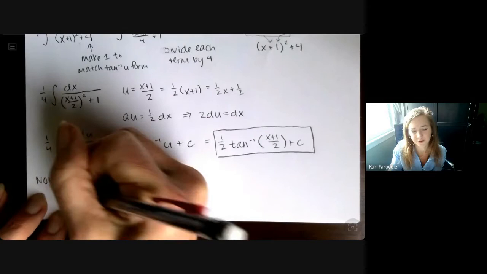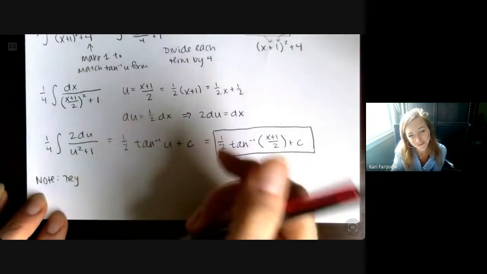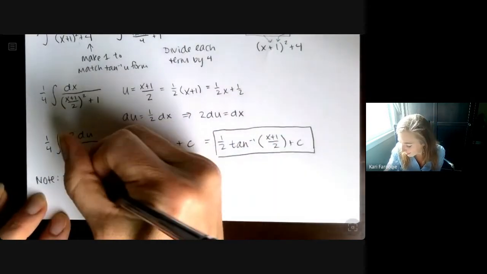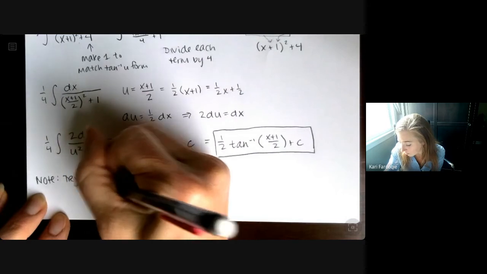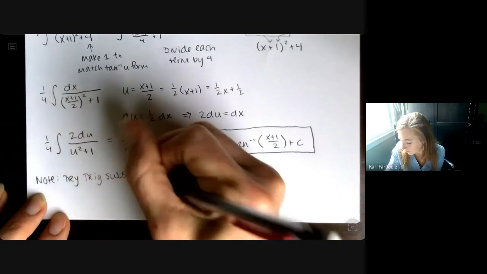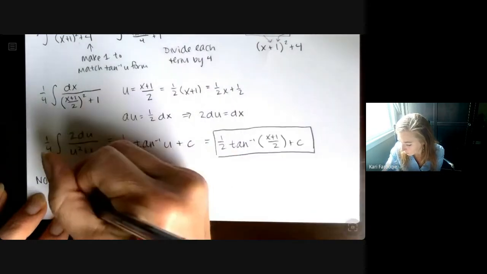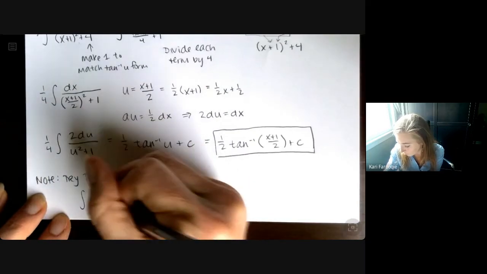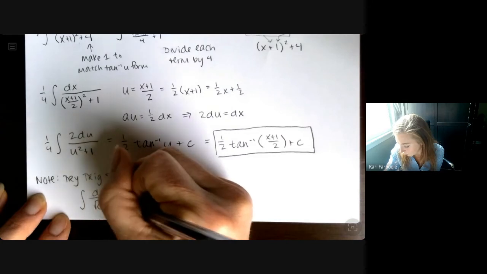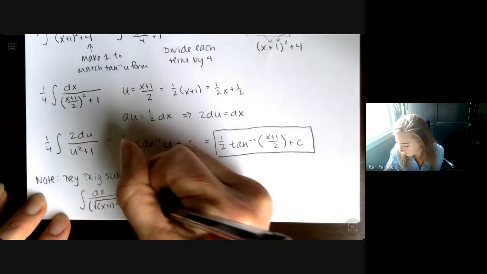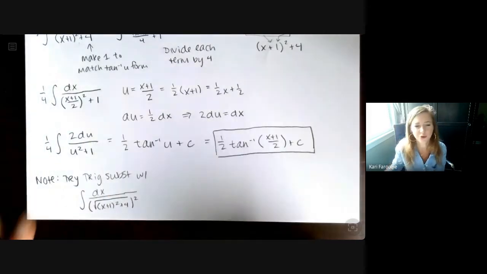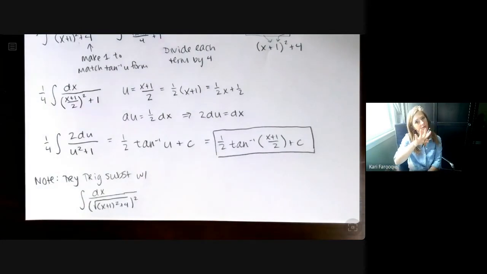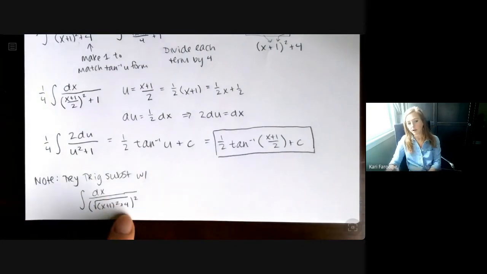You could try, if you wanted to, a trig substitution with the integral dx divided by the square root of (x plus 1) squared plus 4, squared. I totally want to do this now, but I don't have time right now, but I might work on it later and show you how you end up getting the same thing.